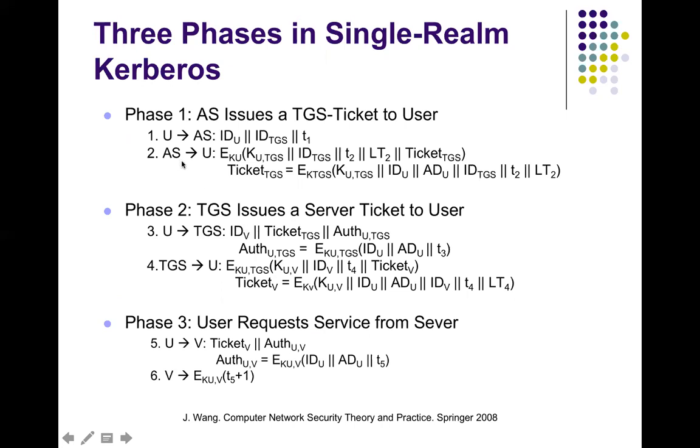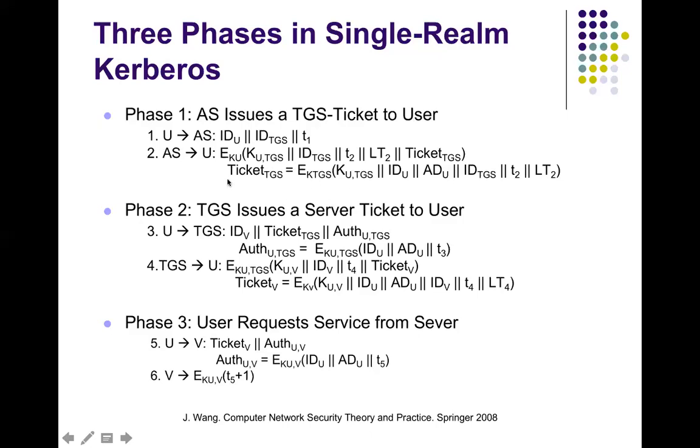So AS checks this user's authentication, because the user has his password, and then sends this TGS ticket, called ticket sub TGS.